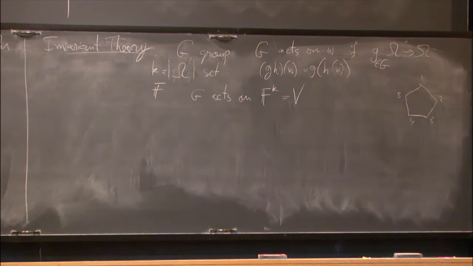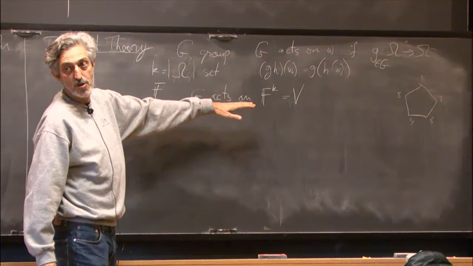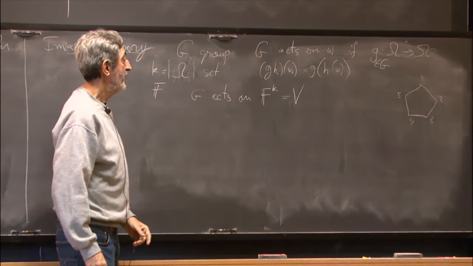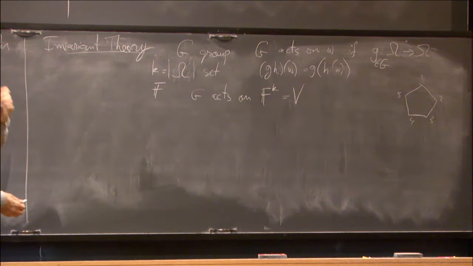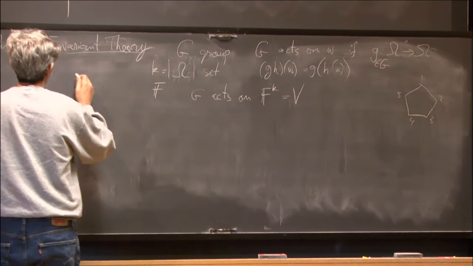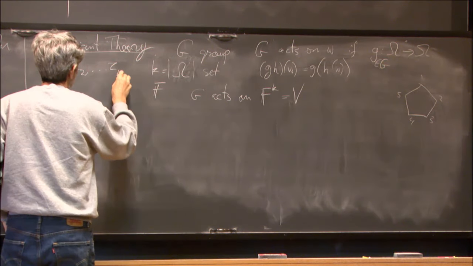In invariant theory, there is a further generalization made once you have this action on this vector space with these coordinates. You can think of these k components as variables. Let me give them another name: here we will have k variables, z1, z2, up to zk.